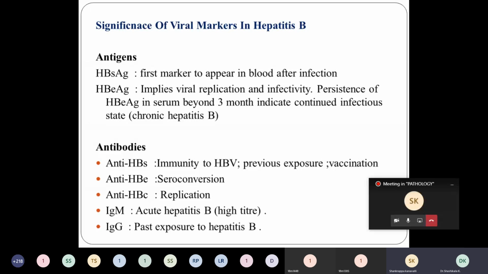Among the antibodies, anti-HBs means immunity to HBV, from previous exposure or vaccination, and anti-HBe indicates seroconversion. Anti-HBc means replication; IgM is raised in case of acute hepatitis B, that is in acute conditions. IgG is after the exposure to hepatitis infection.